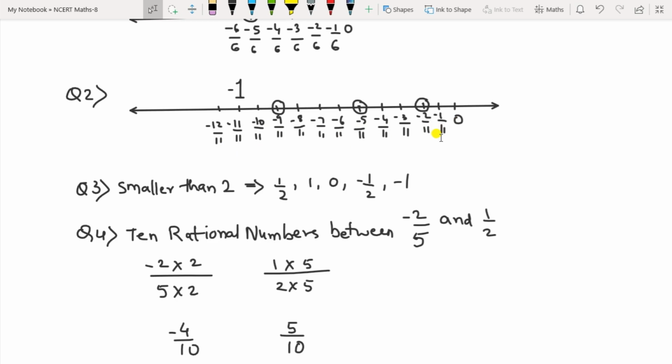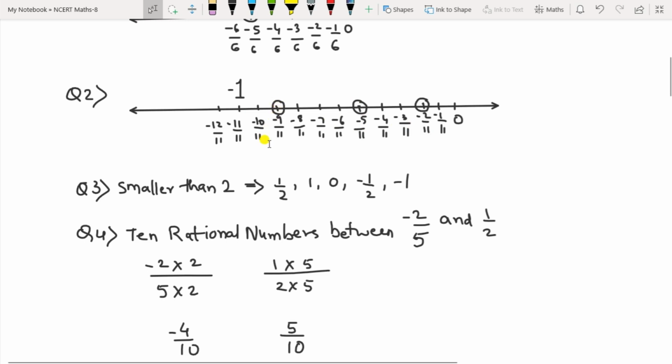Keep writing minus 1 by 11, minus 2 by 11 and so on. When it comes to minus 11 upon 11, numerator and denominator are the same, so you have to write it as 1 here, and since it is the negative part, it is minus 1 here, and still continuing. So we need the numbers minus 2 by 11, mark a circle, minus 5 by 11, mark a circle, minus 9 by 11, and mark this circle.